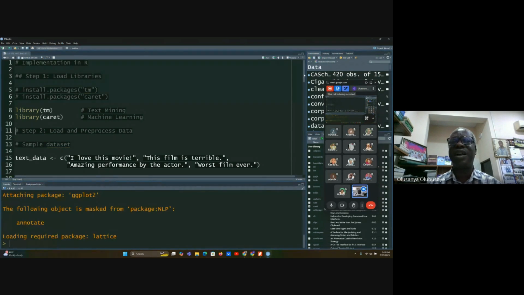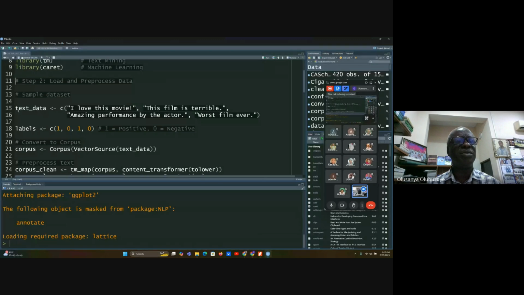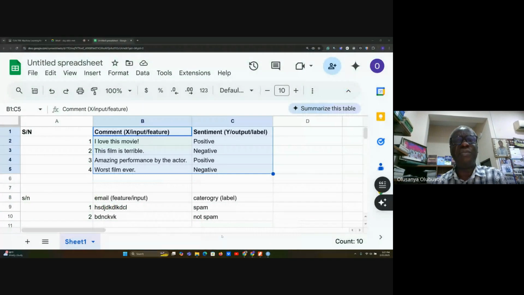We have our data already. In line 15, we use the collector symbol here, which will help you to collect those comments.